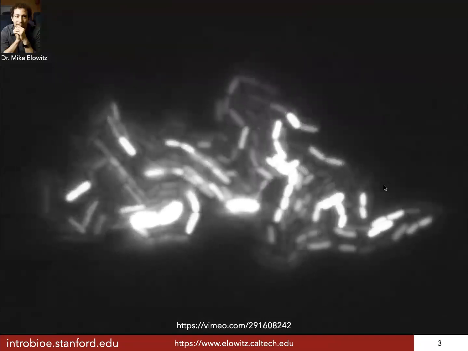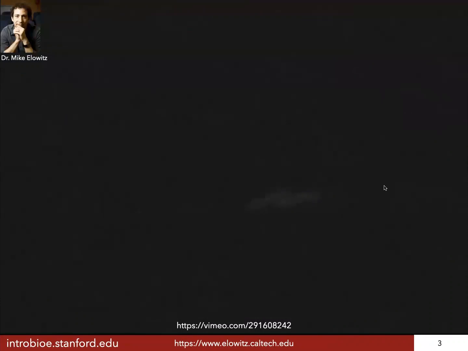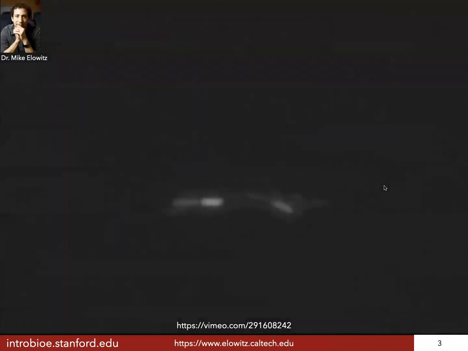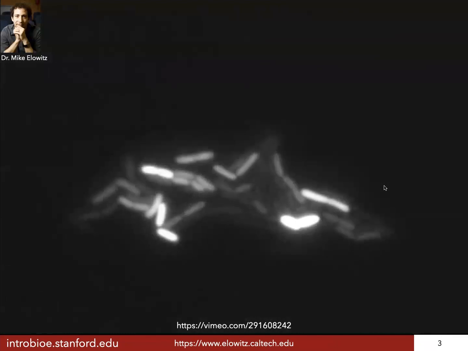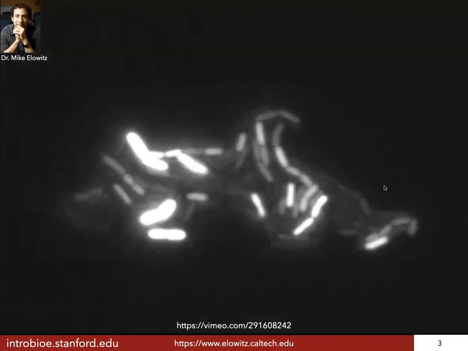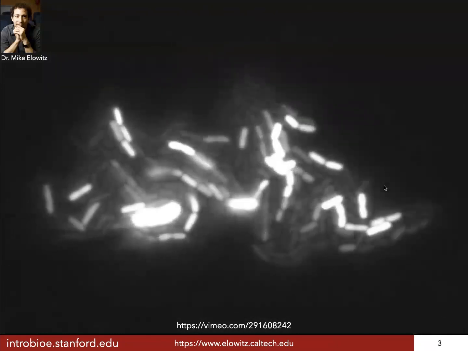What we're looking at is a microscopic movie, a time lapse of a sheet of E. coli cells growing and dividing in a 2-dimensional plane. And we're only looking at the state of the clock. So we're not just looking at the cells in normal light.